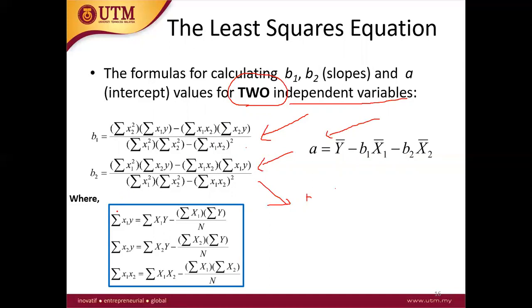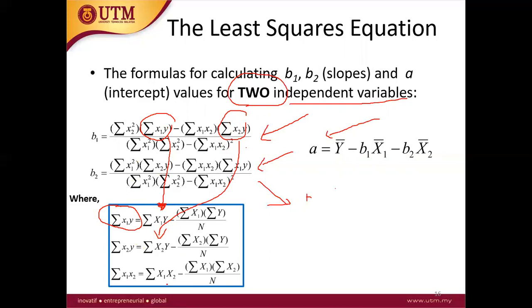The sum of x1y is given by this equation. The sum of x2y is given by this equation.